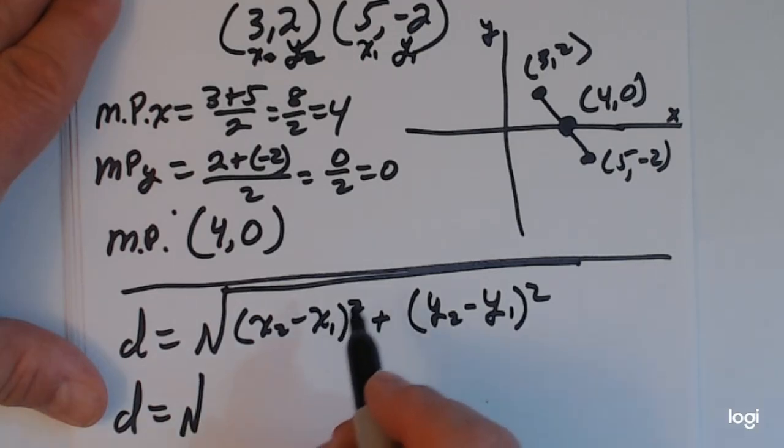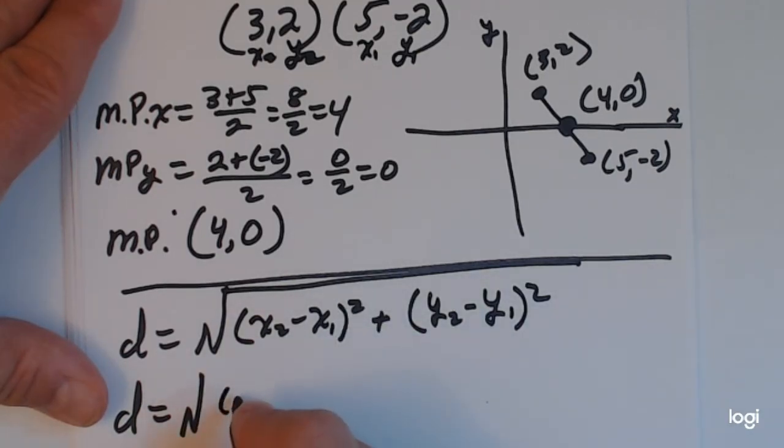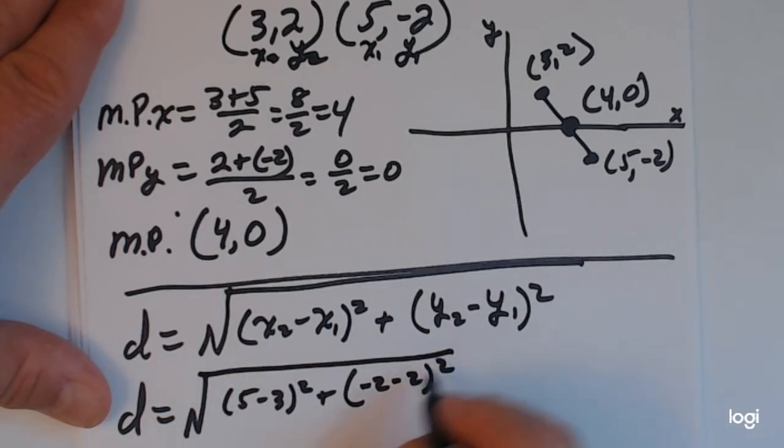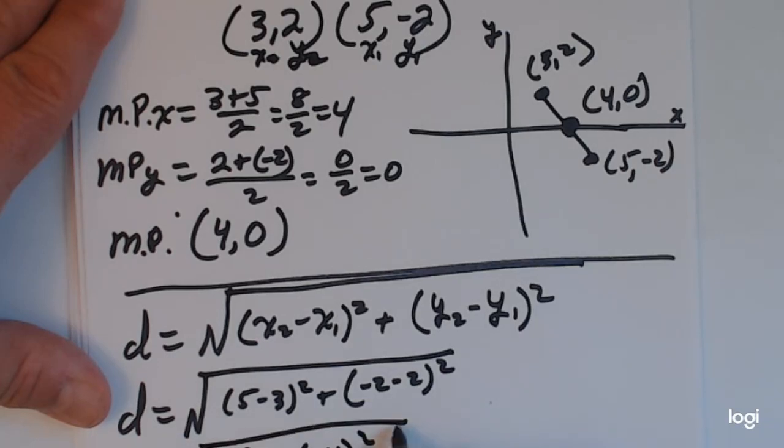So 5 minus 3 squared plus negative 2 minus 2 squared. So d is equal to the square root of 2 squared plus negative 4 squared.